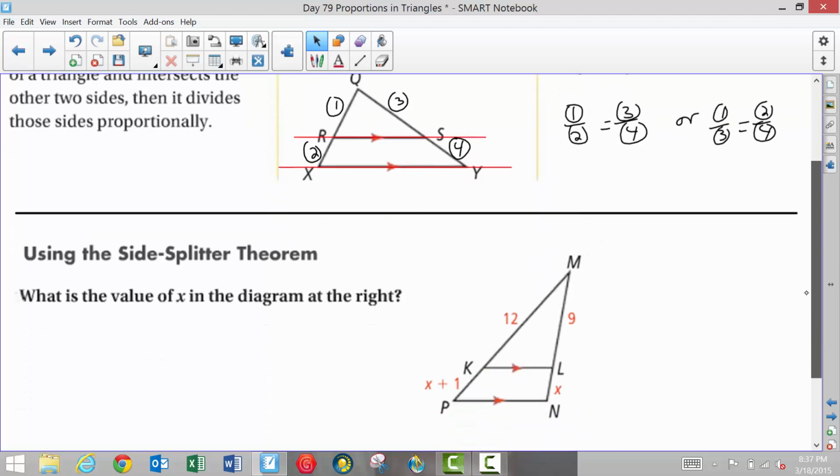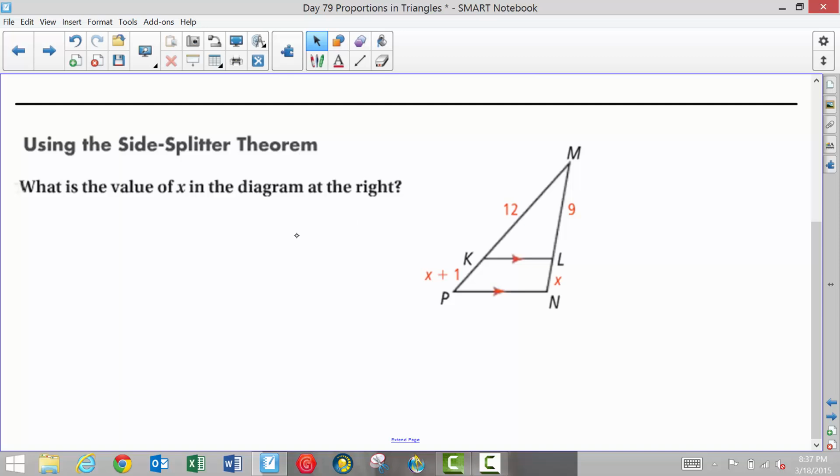So let's do an example. What's the value of x in the diagram at the right? So first of all, I know that KL is parallel to PN.